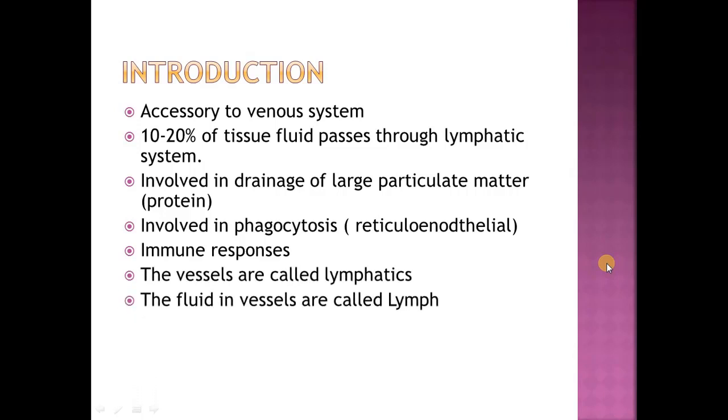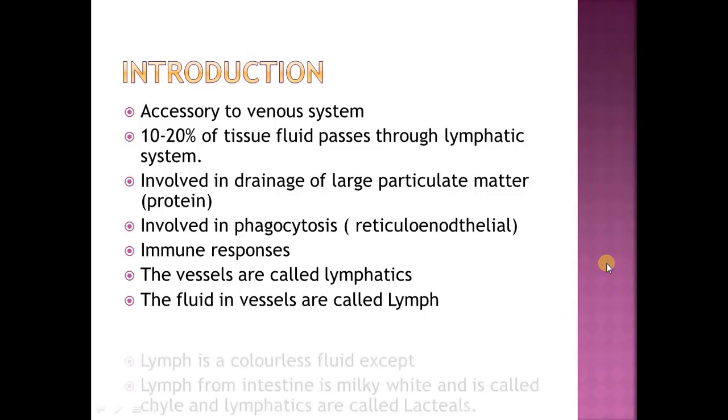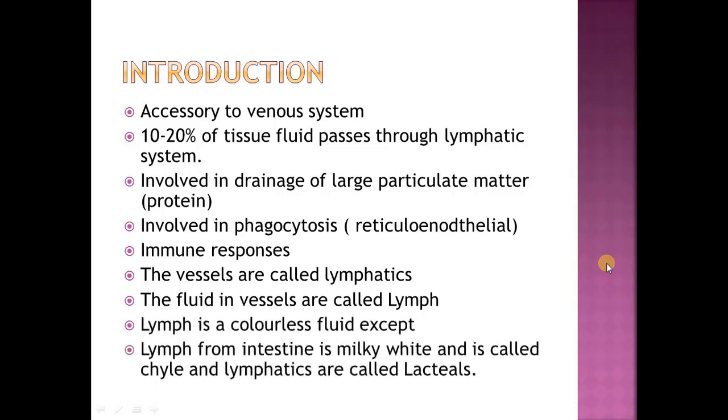The vessels of the lymphatic system are called lymphatics, and what flows within these vessels is called lymph. It is a colorless fluid, usually not visible. Even the lymph vessels are not visible to the naked eye.